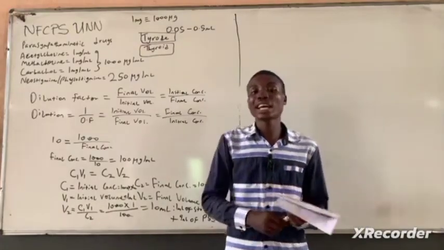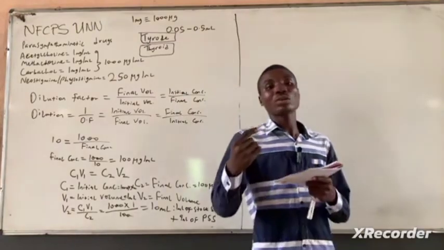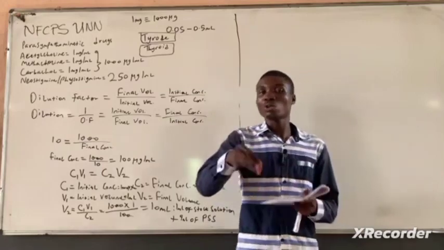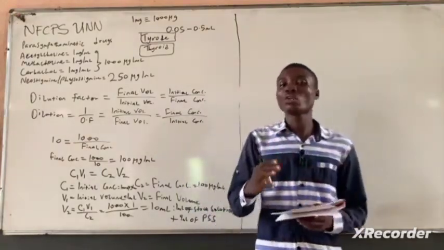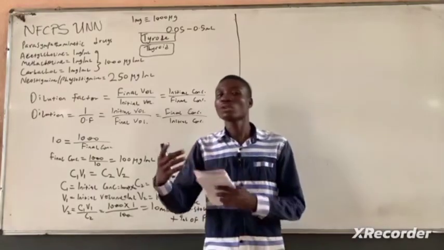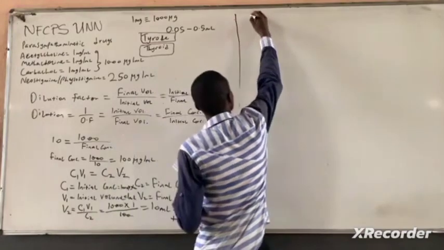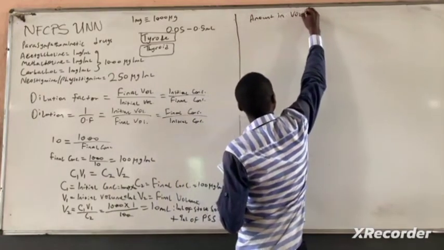Another thing you want to check is that you will be given a particular concentration, but then you need a particular concentration to get a specific amount of the drug that is necessary. Now, I have to distinguish between concentration and amount of drug. When we talk about concentration, we are talking about amounts in volume.